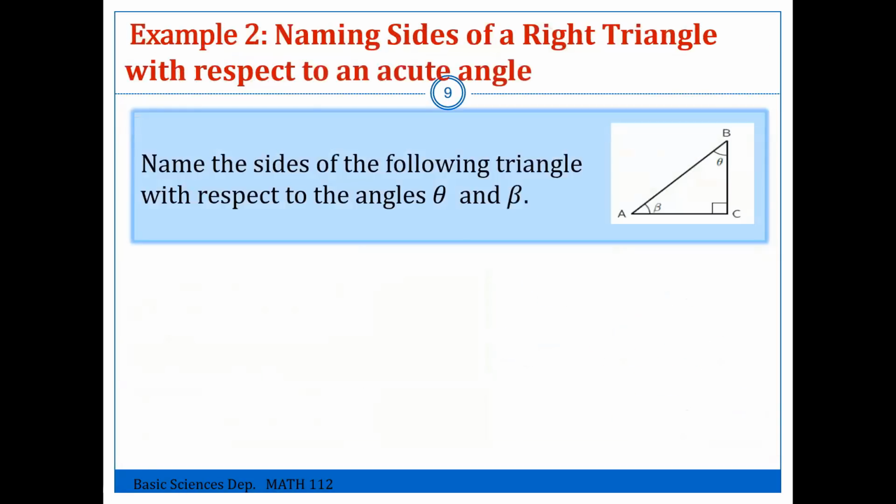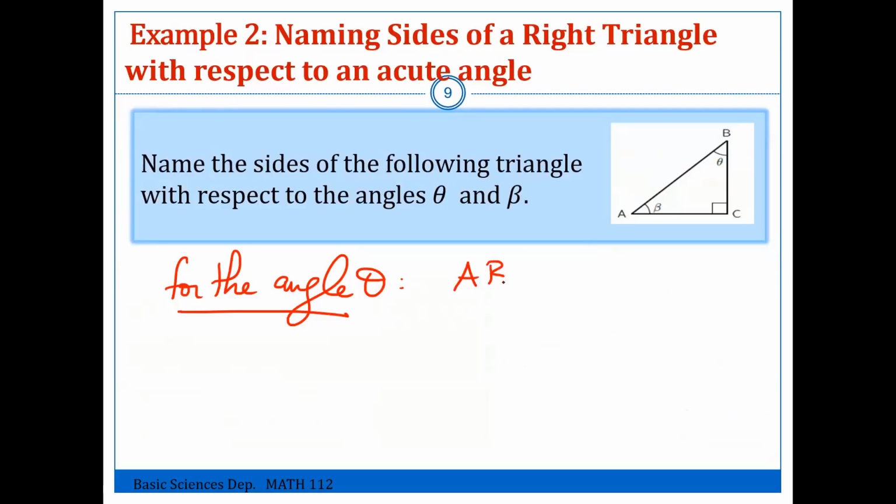خلينا نشوف مثال. أعطاك الزاوية ثيتا for the angle theta. سمي لي the three sides. AB شو نسميه؟ BC شو نسميه؟ و AC شو نسميه؟ إذن هذا AB for this angle theta. How do we call the side AB? Hypotenuse. Be careful.